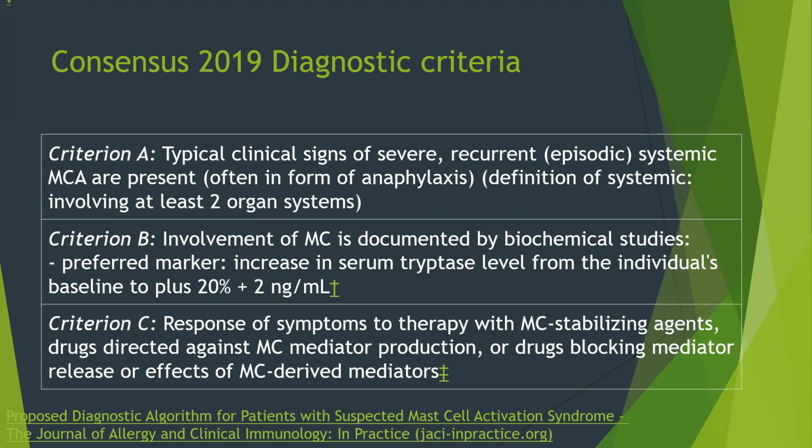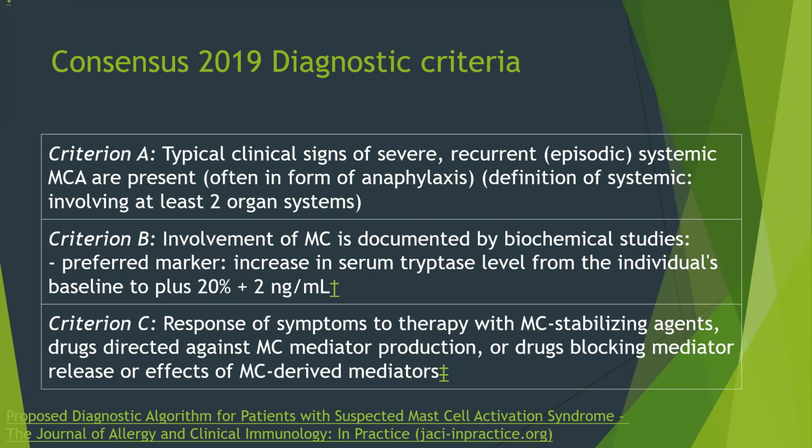If we have certain triggers that we know can cause a reaction, you check tryptase level before and then after, within the first 4 hours of this trigger, and you want to see that the level of tryptase went up 20% plus 2 nanograms per milliliter.